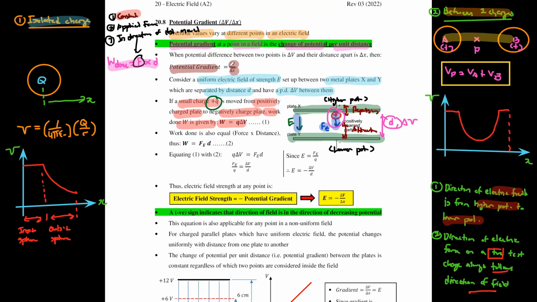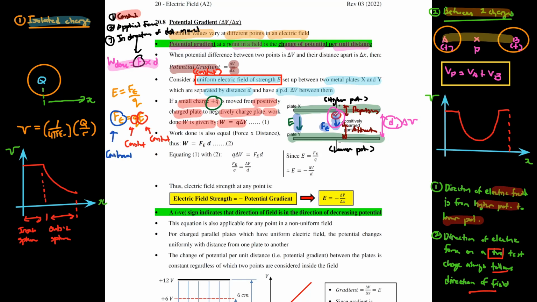Now, in your case, remember what I told you before, for charged parallel plates, you will always have uniform electric field strength. Uniform here already means constant electric field strength, okay? So if you recall the equation for electric field strength being E equals Fe over Q, such that Fe is QE, if your Q is constant, your charge never changes, and your field strength here is constant, so the obvious conclusion would be that the electric force must be constant here.